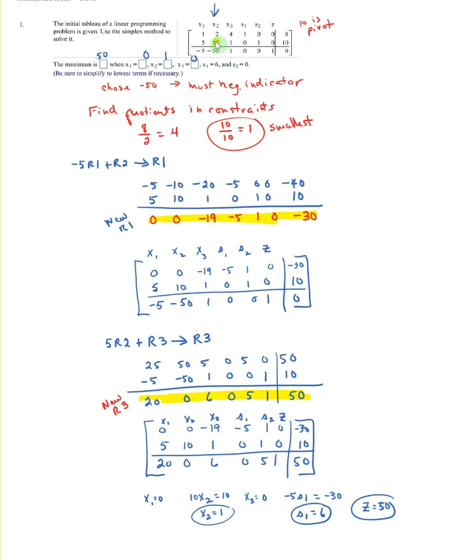And what that tells you is that you're never going to change that row. You're going to work off of that pivot. And so we want to make this a 0 and we want to make this a 0.